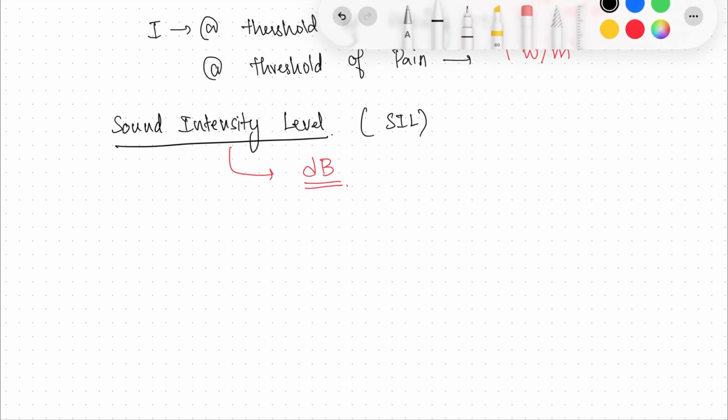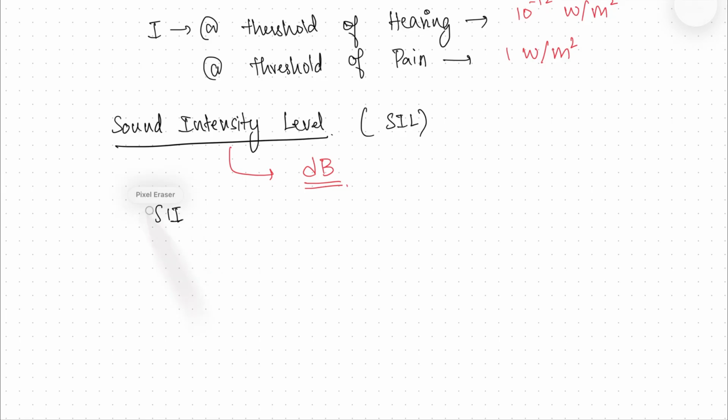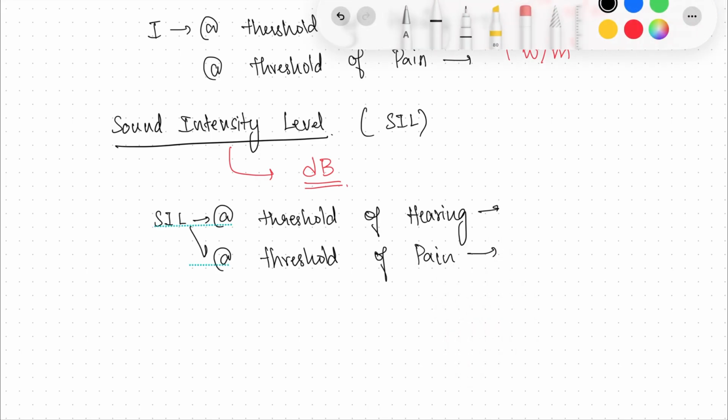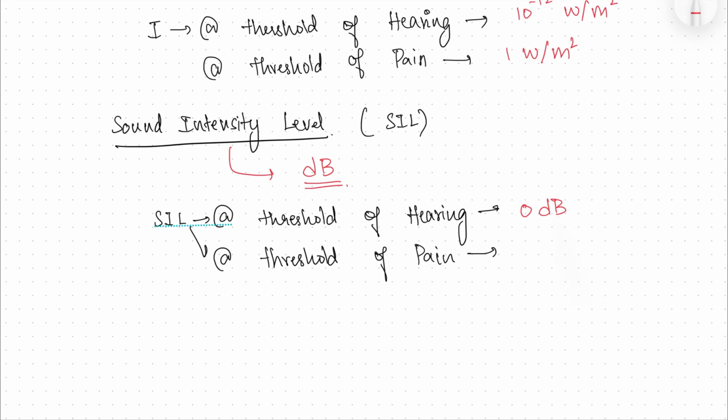And here too you have the SIL at the threshold of hearing and at the threshold of pain. Your threshold of hearing is 0 decibels and your threshold of pain is 120 decibels.